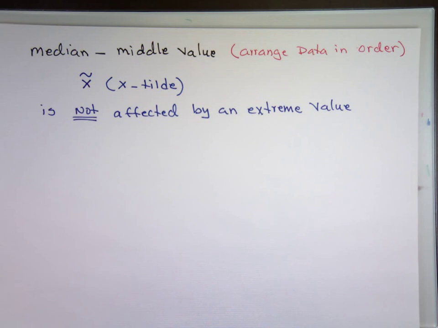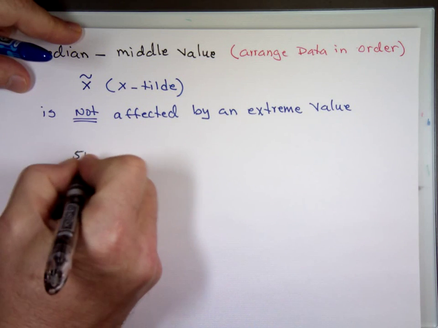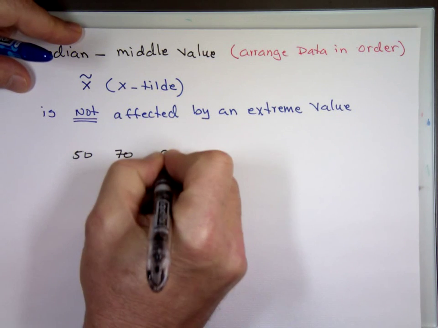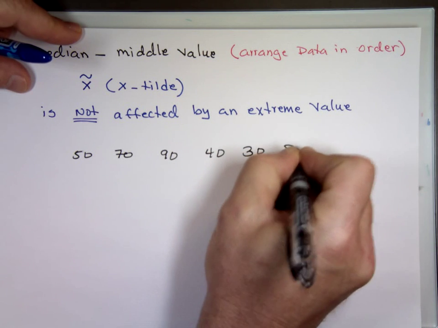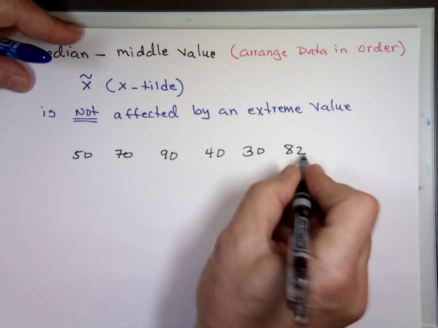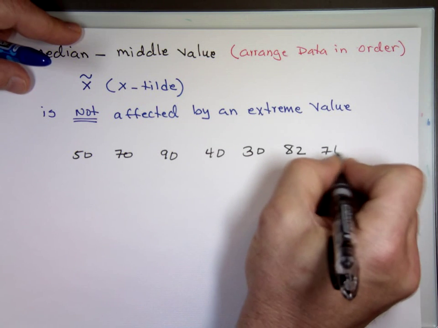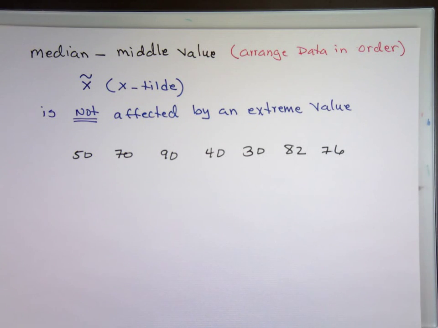Now let's see how we find the median. Let's take a set of numbers: 50, 70, 90, 40, 30, 82, and 76. And I said, let's find the median, x tilde.